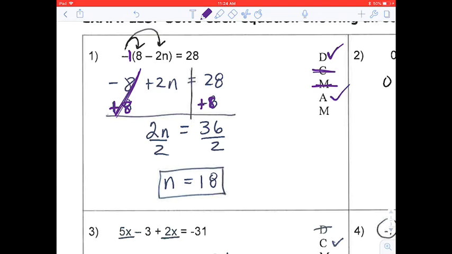That leaves 2n equals 28 plus 8, so 2n equals 36. And to get n by itself, I need to cancel that 2 out, so I'm going to divide by 2 on both sides. 2n divided by 2 is just n. 36 divided by 2 is 18, so I see that n equals 18.